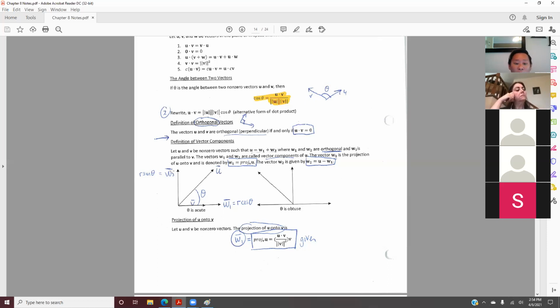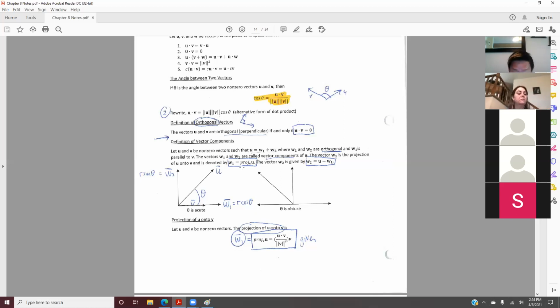So if you want to write a vector u that projects onto the vector v, and v in this case is parallel to the vector w1 here, w1 is called the projection of vector u onto v.